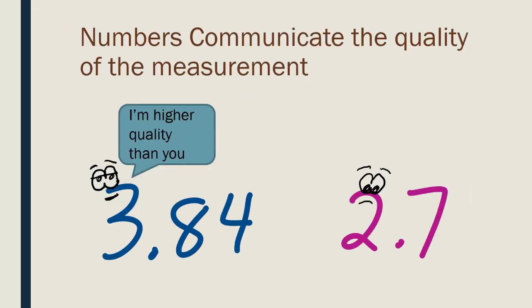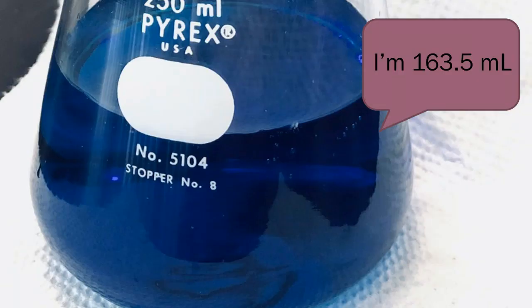All right, so the point of all this is that numbers communicate the quality of measurement. If you have more digits in your number, then that is a higher quality measurement. And you can't just say something that wasn't reflected by the tool you were using. So for example, if I use this flask, and this flask has no hash marks on it, as you can see, it just says it's a 250 milliliter flask.